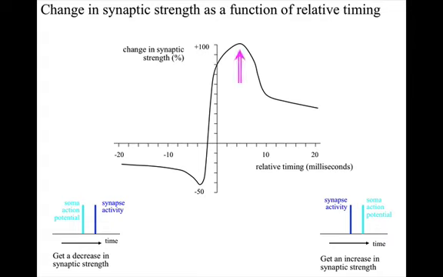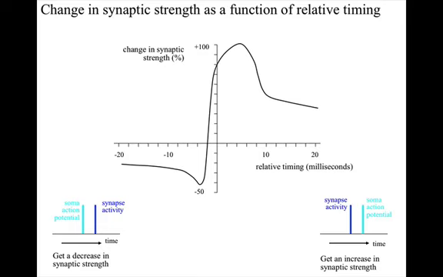The biggest increase occurs if the backpropagating action potential arrives about 3 milliseconds after the incoming spike. The biggest decrease occurs if the backpropagating action potential arrives about 2 milliseconds earlier than the incoming spike.